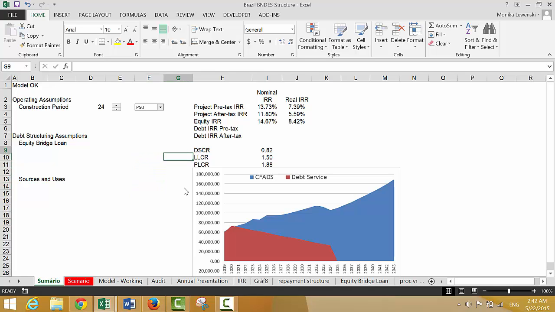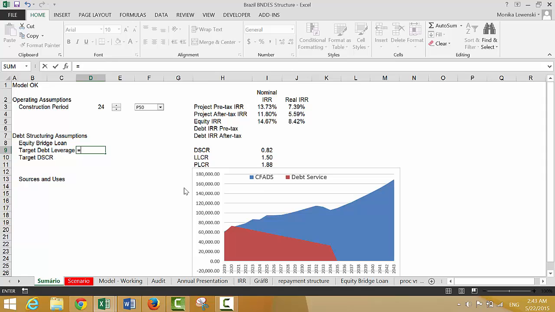We're going to put things like a target debt leverage and a target DSCR.